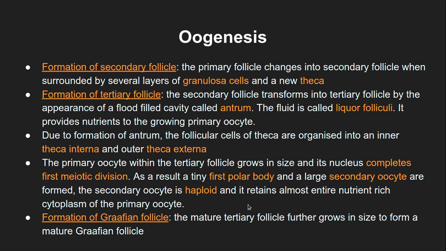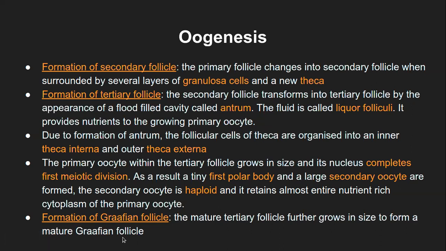This is the mature tertiary follicle, whatever is developed in this stage. The first polar body and the secondary oocyte, whatever is developed, that is called the mature tertiary follicle, which further grows in size to form the mature Graafian follicle.